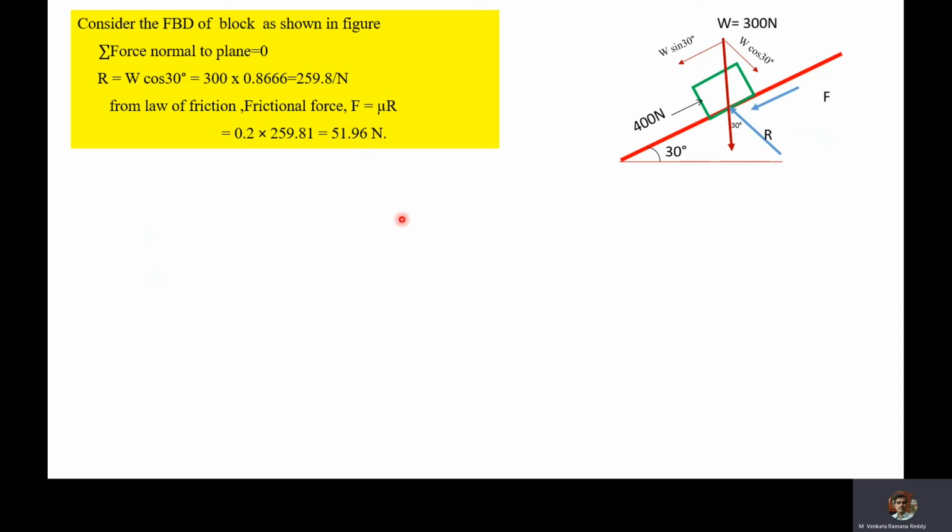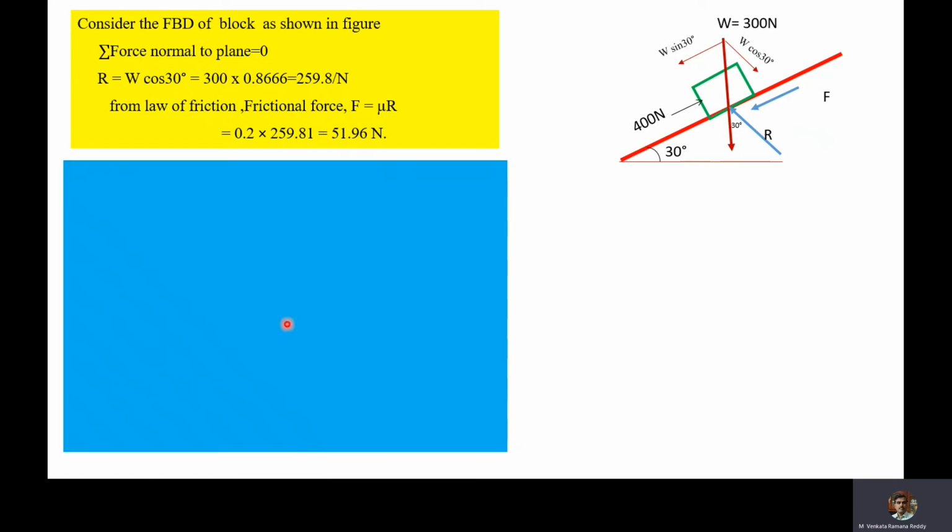Now we will apply the work energy equation in order to find the final velocity. The work energy equation is sigma F into S is equal to half m v square.